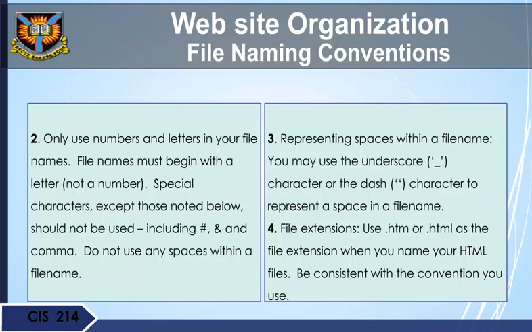Representing spaces within a file name. You may use the underscore character, or the dash character to represent a space in a file name. 4. File extensions. Use .htm or .html as a file extension when you name your HTML files. Be consistent with the convention you use.